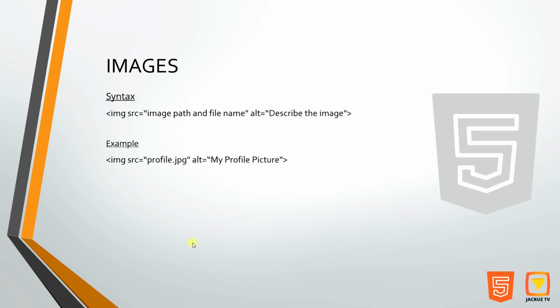Okay? So, for example, we want to put some profile picture. We want to create our own Facebook page, our own profile, and we want to include some of our photos from our profile. We are making the section for the profile picture. No? So we will be using an image tag, then the source, which is profile.jpg. That's the file name that I have.